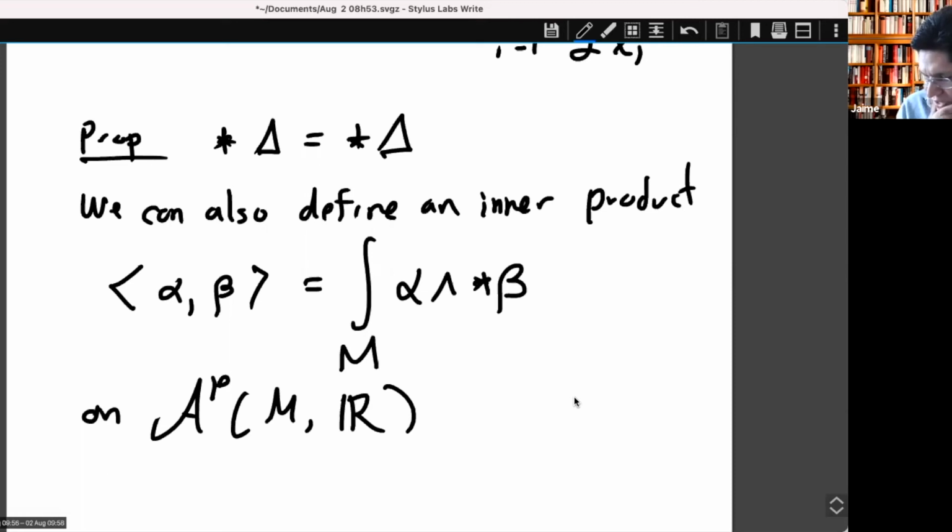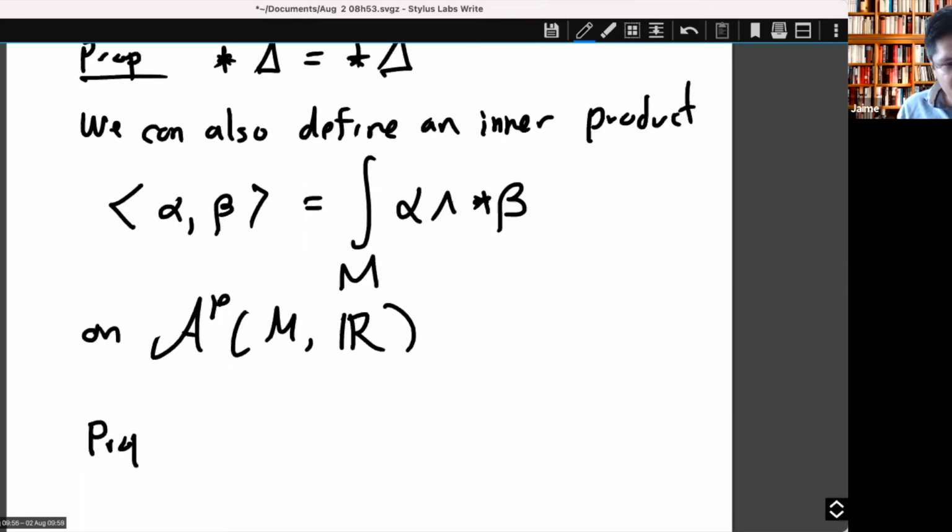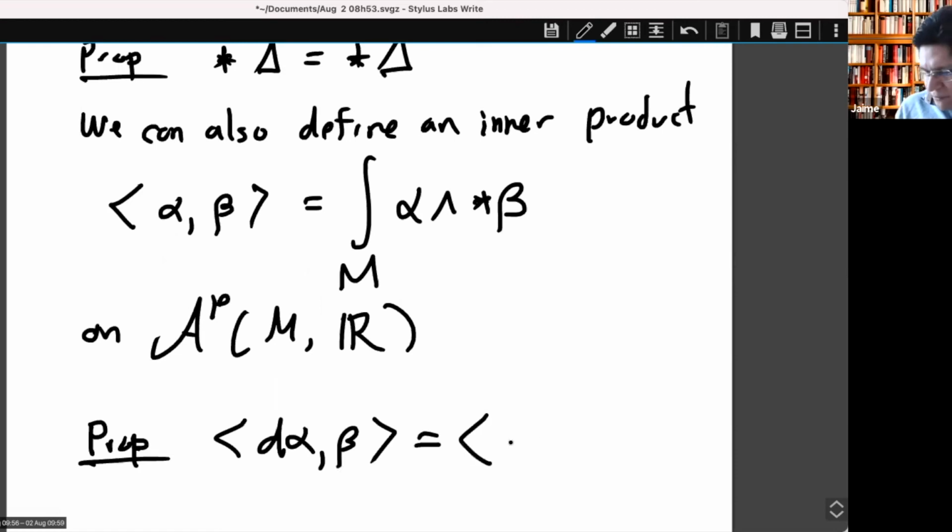What else should I say about this? Okay, we have more properties. You take the inner product of the exterior derivative of a form alpha with another form beta, and this should be the inner product of alpha with delta beta.